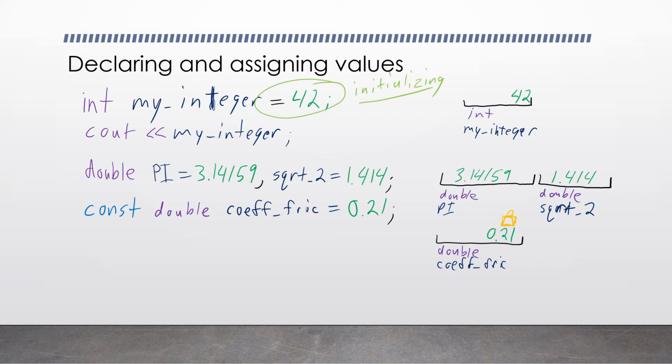Okay. The last thing we should know is that after you've defined a variable, let's say sometime later in the program, you want to change the value, you can say my integer equals 34, and the program will find the memory box called my integer, and will change the value to 34.